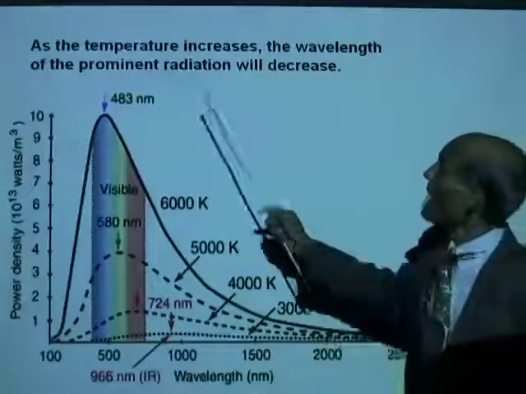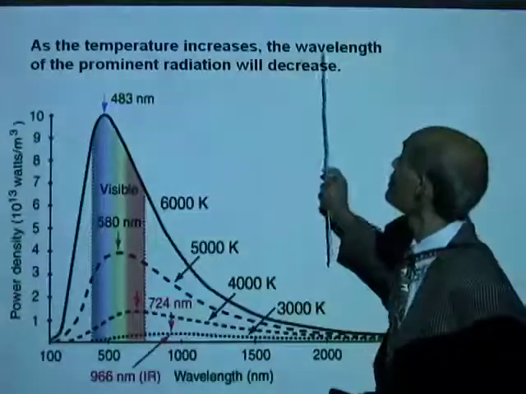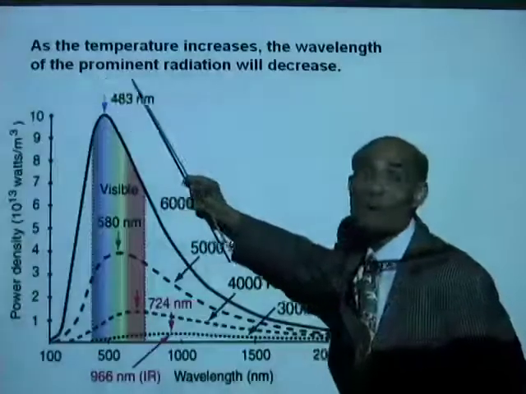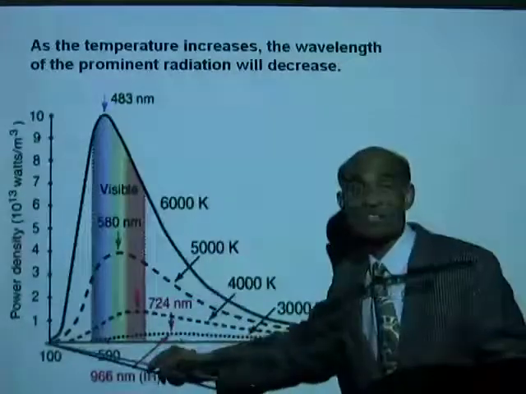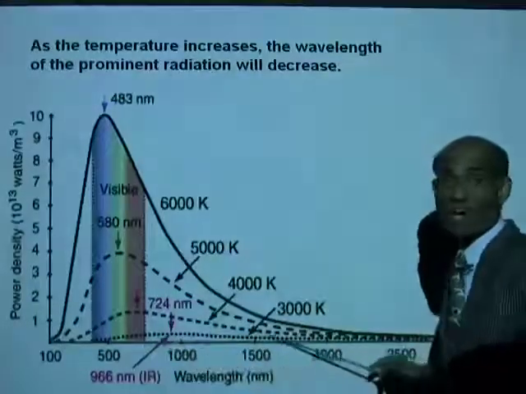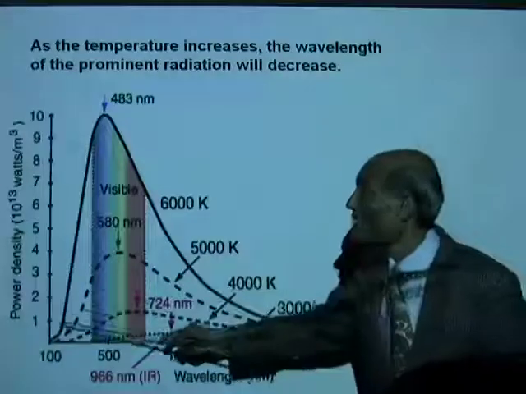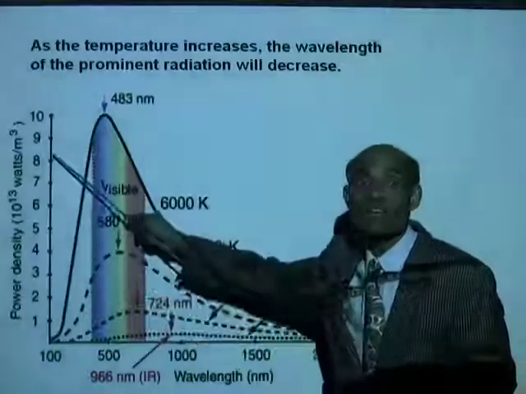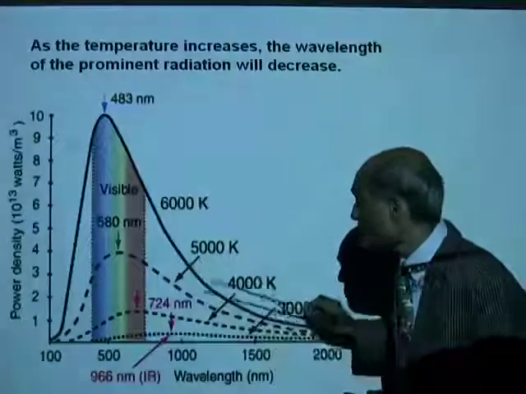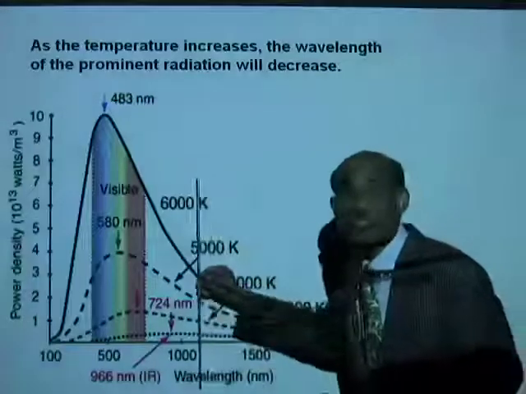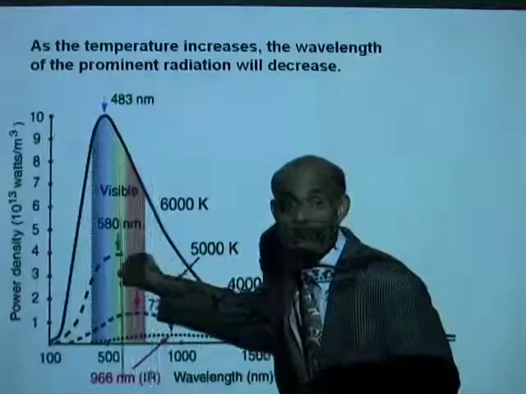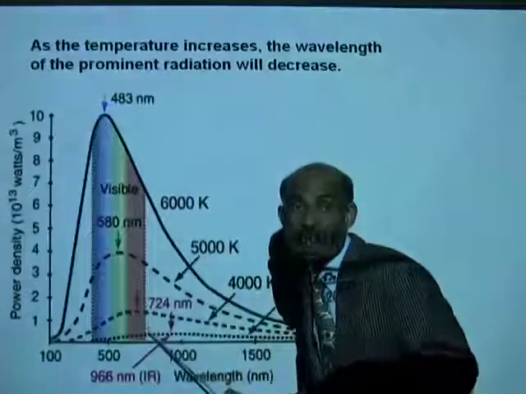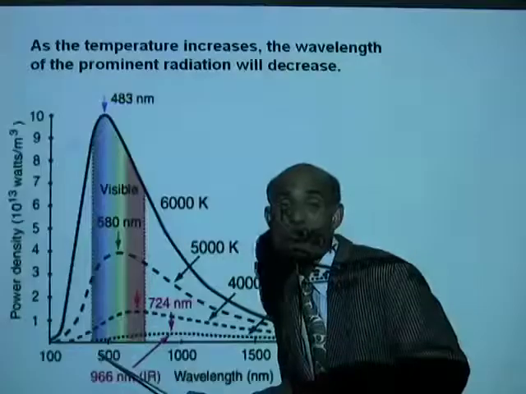As the temperature increases, the wavelength of the most prominent radiation will decrease. You can see this is a plot of wavelength on the x-axis and the power of radiation on the y-axis. As the temperature increases, you can see the most prominent radiation shift to the left, to the lower wavelength.